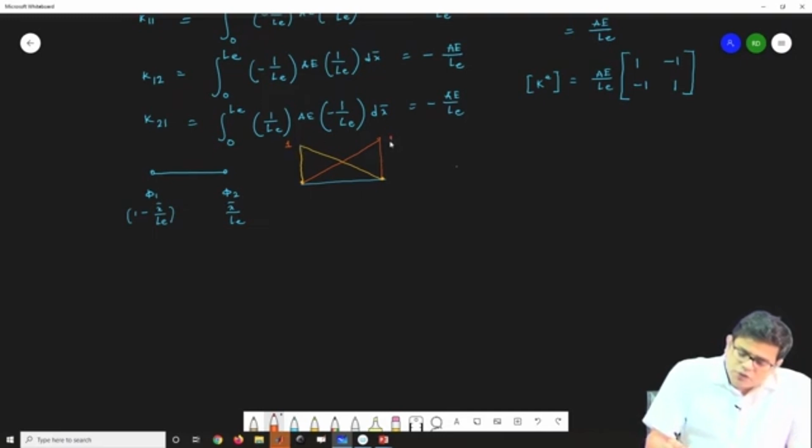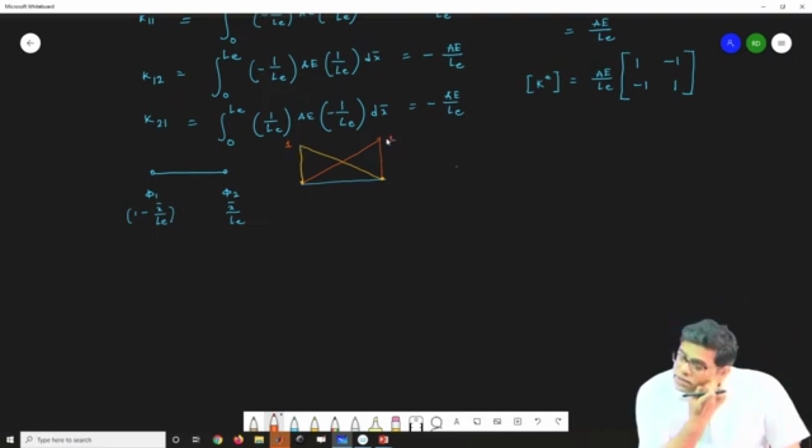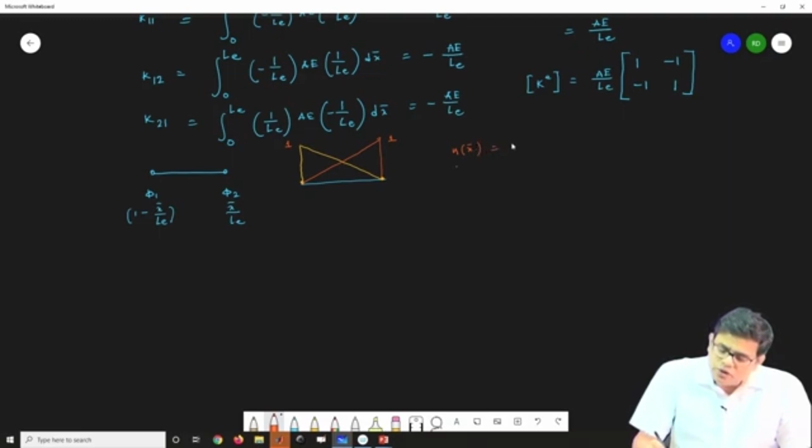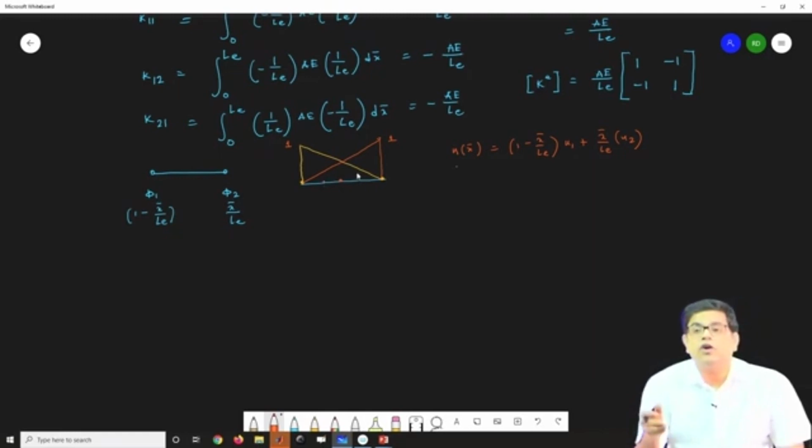This tells us how my displacement approximation, u of x bar, equals 1 minus x bar by LE times u1 plus x bar by LE times u2, varies at any point according to the approximation.